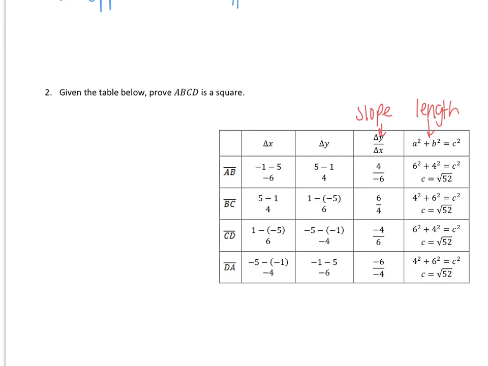So again, first step is to reduce all of those slopes. Take that 4 over negative 6 and reduce it. This gives you negative 2 over 3. Go ahead and reduce the next 3 slopes, please.